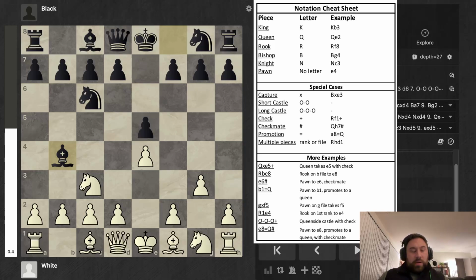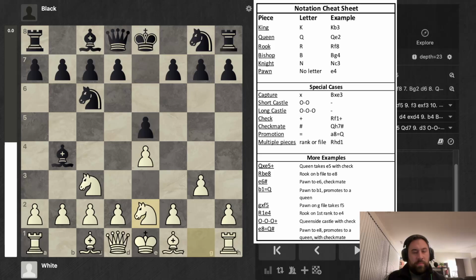All right, we are here. We kind of just went over an example similar to this, but the move that white plays now is this. So this is knight g e2.